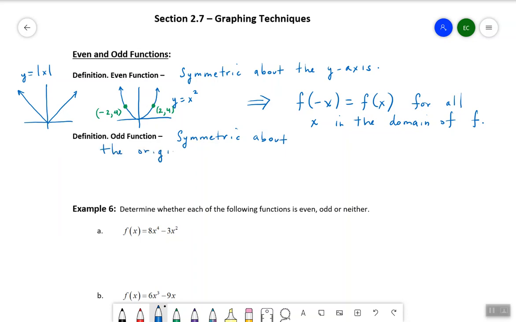And what that means is rotational symmetry of 180 degrees. And so the example would be y equals x cubed.